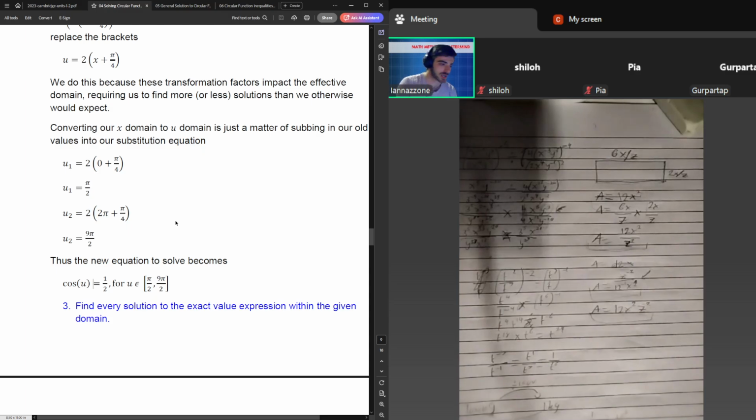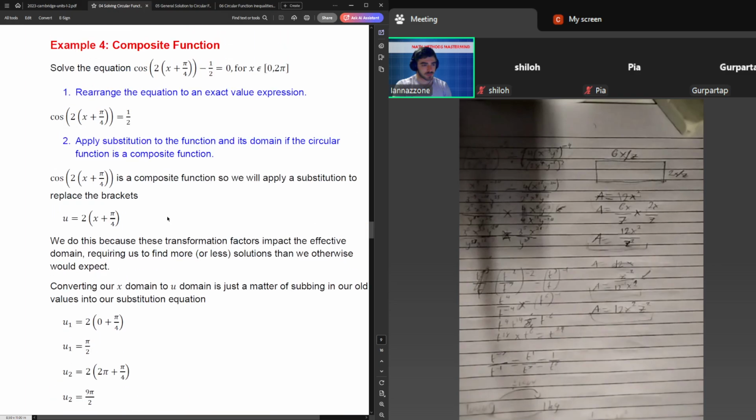And so one of the things you'll have to do, if you want, is update your domain. And when I say if you want, there is just a continuous guess and check that you could do. But if you want to know for certain how many solutions there are without repeatedly guessing and checking, then what you do is you take your x domain and you sub it into your u equation, which means you take each of the individual x values and you plug it into the x spot on that u equation.